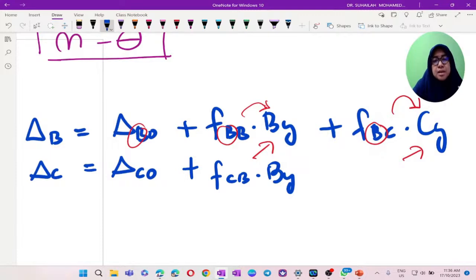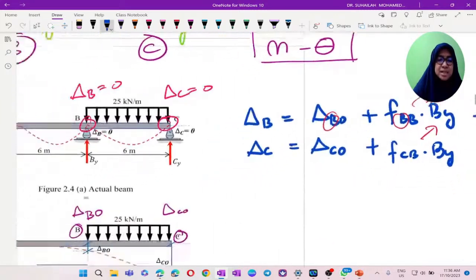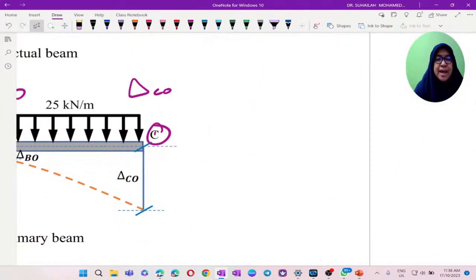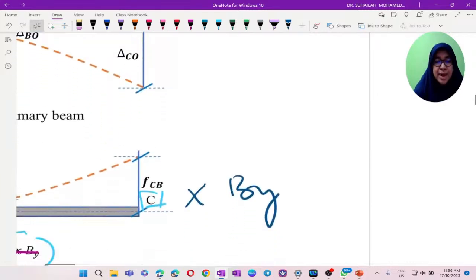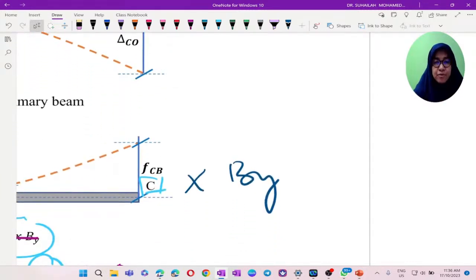Deflection at C in the primary beam, we have to add F at C times BY. That is why we write FCB BY. This B belongs to this B, representing BY. The second one is for the type of beam with redundant BY applied.